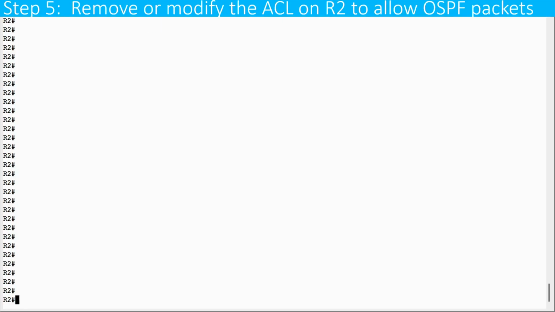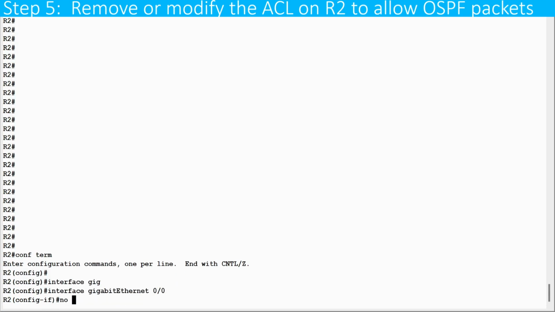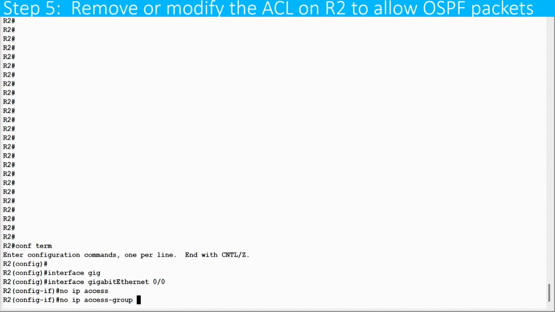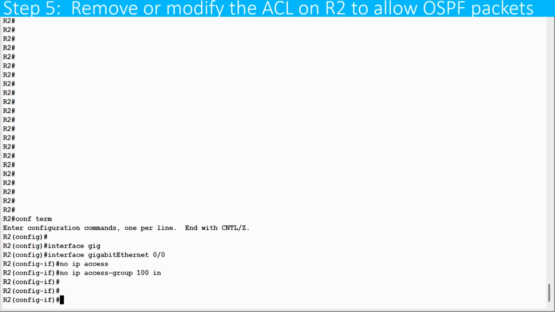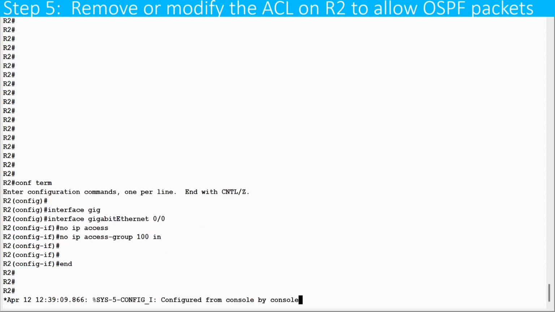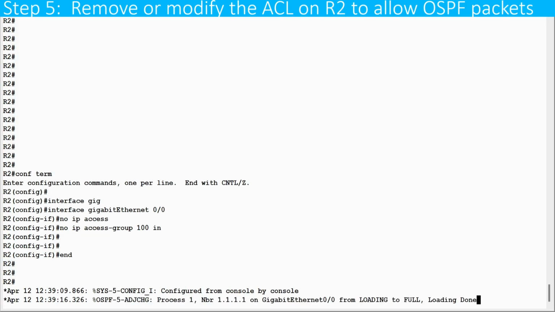In order to fix this OSPF neighborship issue, in the step 5 of the troubleshooting process, we will either modify or remove the ACL to allow OSPF packets on router R2. Now that we have removed the ACL from the Gigabit Ethernet 0/0 interface of router R2, we should see the OSPF neighborship coming up.